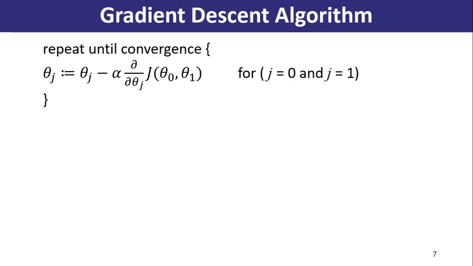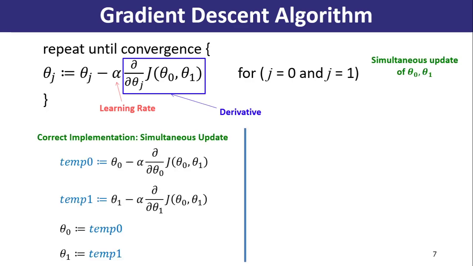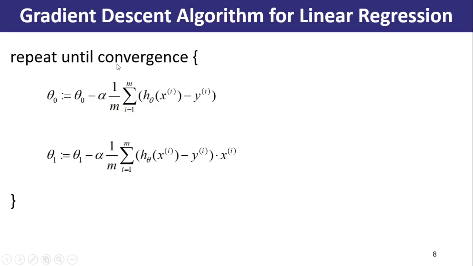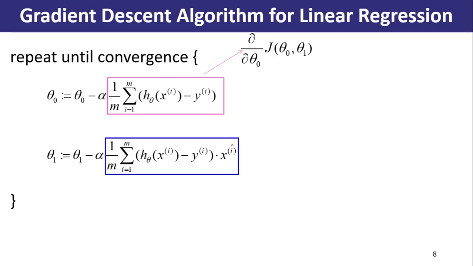So this is our gradient descent algorithm for linear regression. After computing the cost, we are supposed to compute this derivative, and also this derivative.